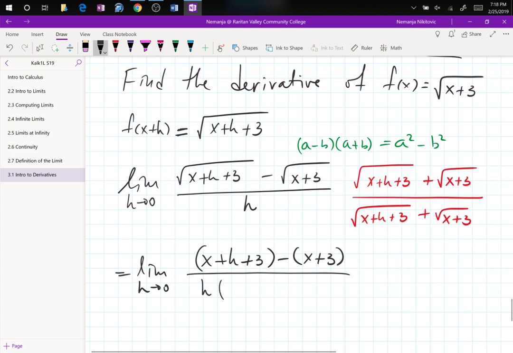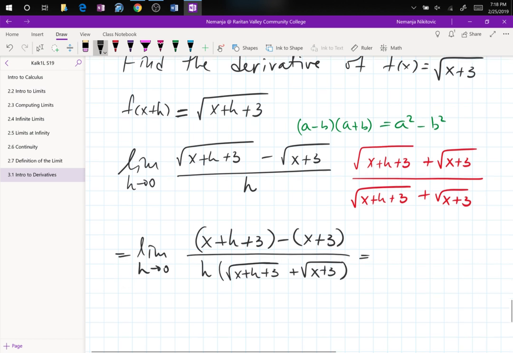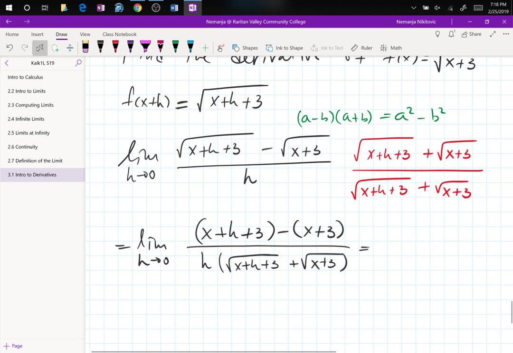I'm just going to leave it like this. And now, if you take a look at the numerator, positive x, negative x gone, positive 3, negative 3 gone. All you're left with is an h.